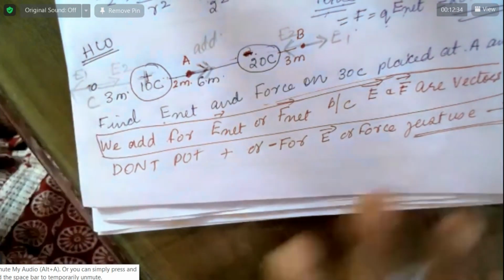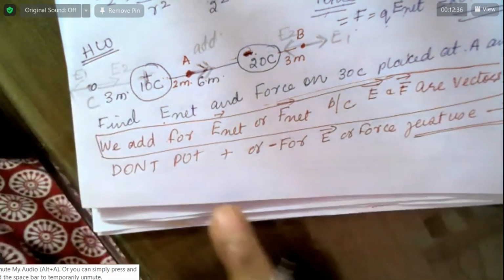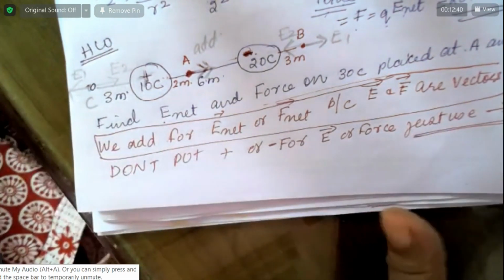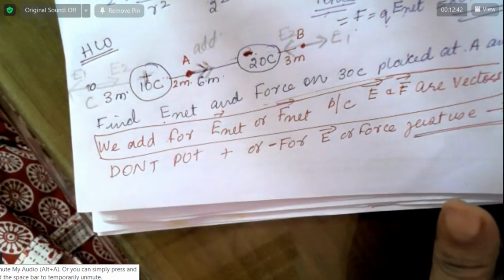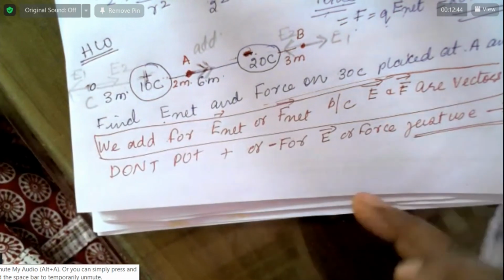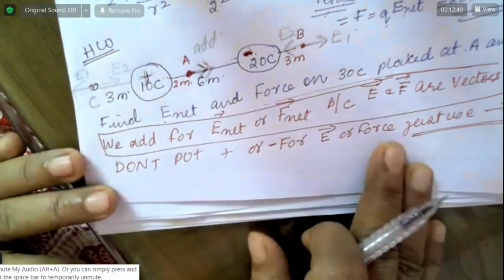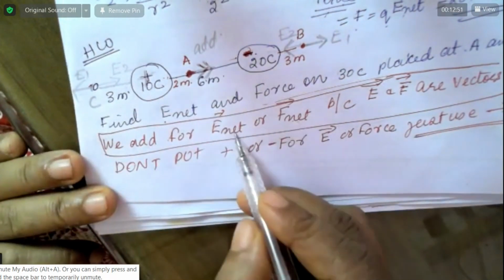If you follow this, you will not go wrong. If you put this plus and minus along with the direction, you will definitely go wrong. Please write that point somewhere strongly. This is for each one, force and electric field.